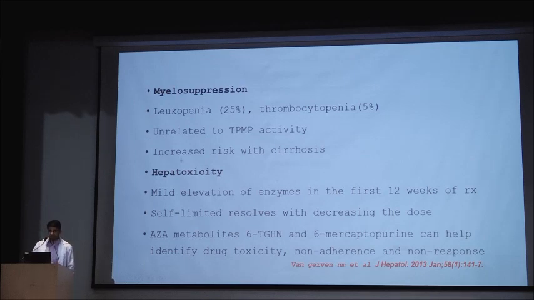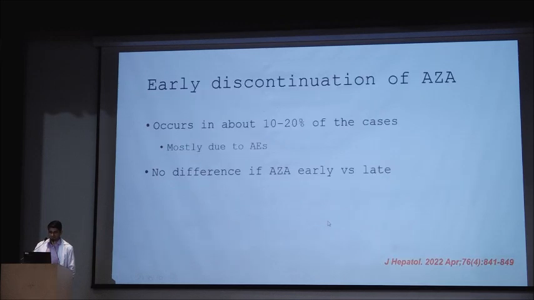So this dose-dependent toxicity causes myelosuppression and hepatotoxicity: myelosuppression as leukopenia and thrombocytopenia, and hepatotoxicity in the form of mild elevation of the enzymes within the first 12 weeks of treatment. This is a self-limited problem that resolves with decreasing the dose.